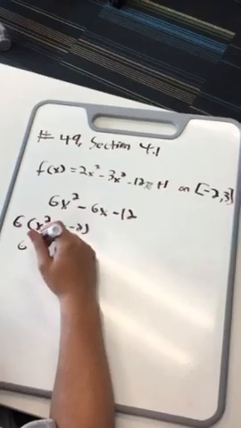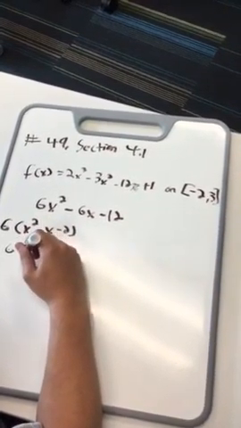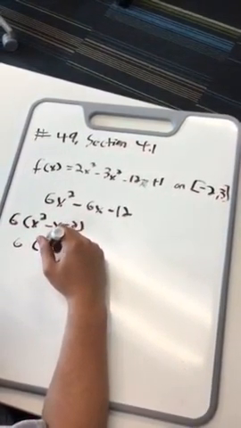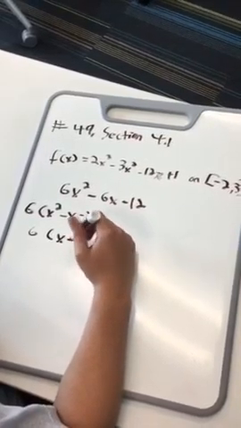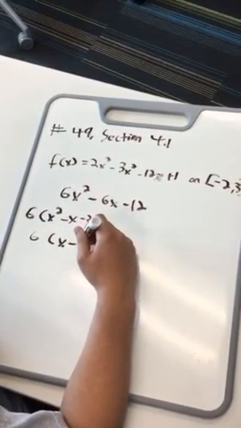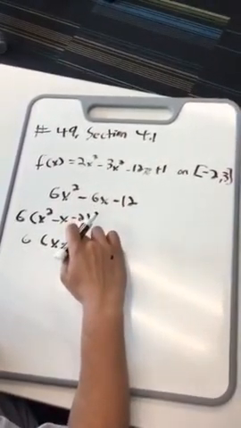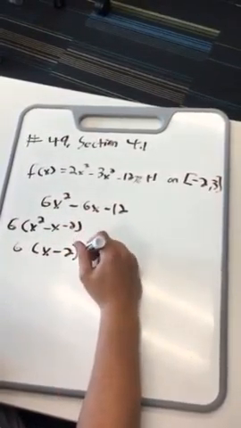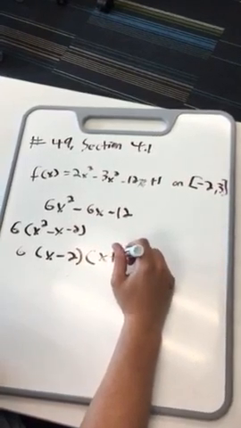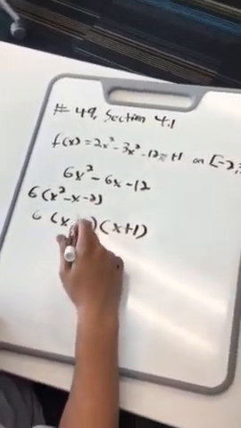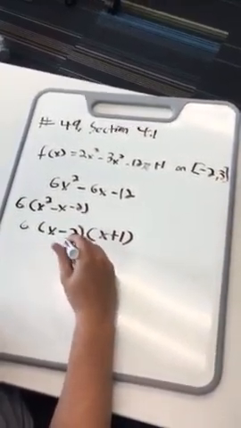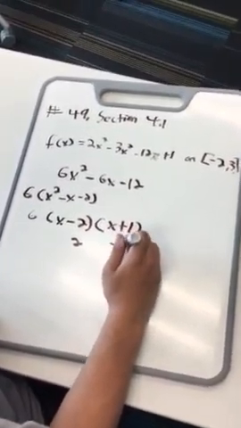So that would be 6, and this would be x minus 1. That would be x minus 2, x plus 1. And so we see the numbers we want to test here are 2 and negative 1.